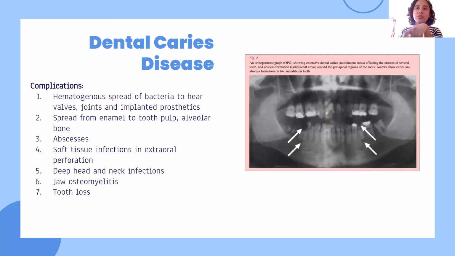Okay, here is an orthopantomograph of teeth which have dental caries. They light up because they are radiolucent areas. So there is a radiolucent part for it to light up. Then there is hematogenous spread of bacteria to the heart valves, to the heart, the joints, and prosthetics.